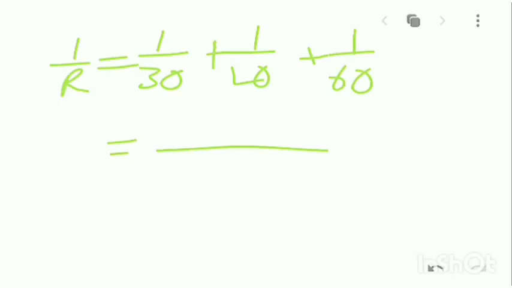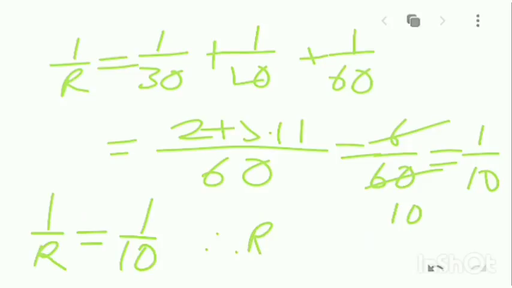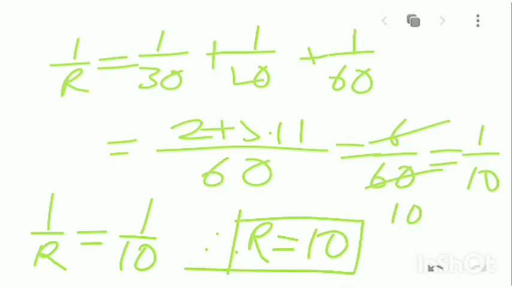Perform the LCM. 2 plus 3 plus 1, that is 6 by 60, that equals 1 by 10. So 1 by R equals 1 by 10. So R equals 10. So the upper branch gave us 8 ohms and the lower branch gave us 10 ohms.